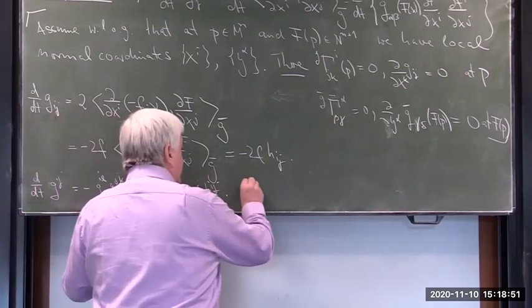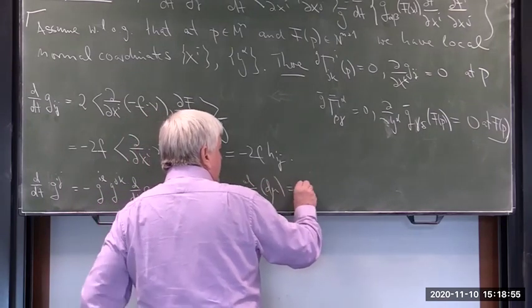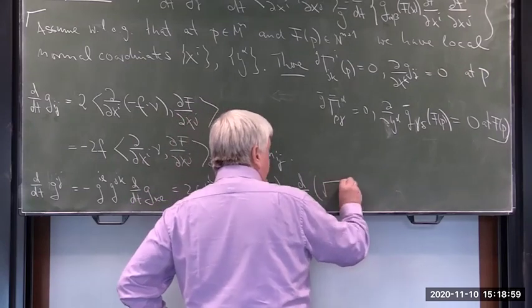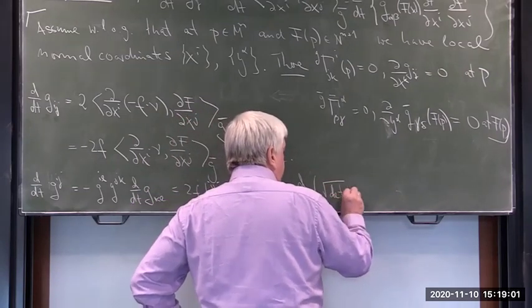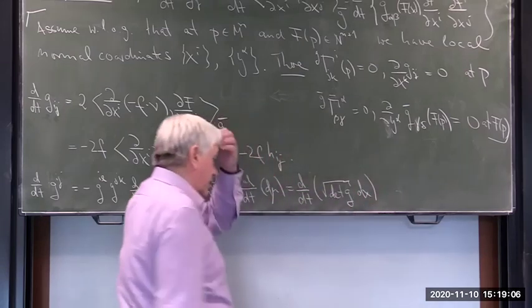And then ddt of the volume element is ddt of the square root of the determinant of the metric g locally times dx in the coordinate system.